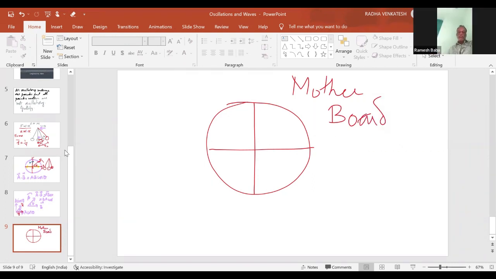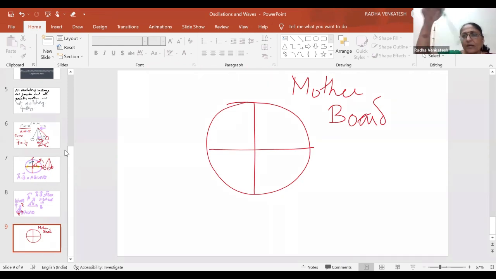Now, when the pendulum is oscillating, I can observe it when it is at the mean position, or I may see it when it is here, or when it is at the other end. Correct, which means my t is 0.